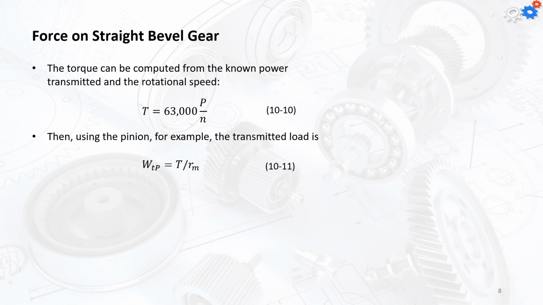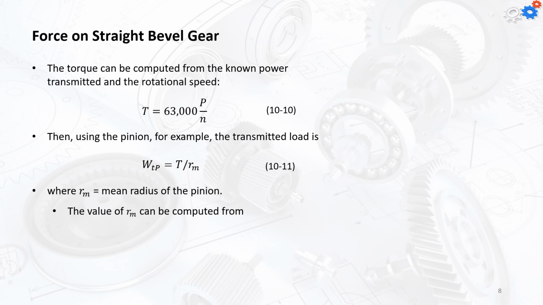Then, using the torque and the pinion, for example, we calculate the transmitted load. We use the torque calculated from equation 10 and divide it by the radius to find the tangential force of the pinion. Rm is the mean radius of the pinion, and it can be computed from the following equation: Rm equals d divided by 2 minus the face width divided by 2, multiplied by the sine of gamma.